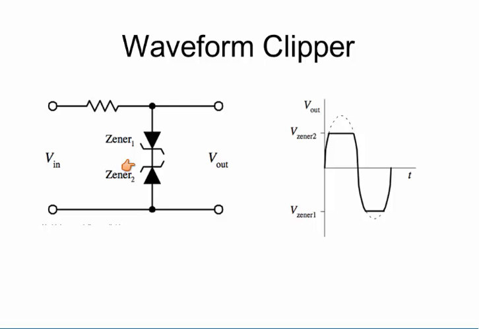In other words, when one is reverse biased, the other one is forward biased. If you have a sinusoidal voltage applied to this circuit, in the positive half cycle Zener 1 will be forward biased and Zener 2 will be reverse biased, so Zener 2 will be blocking the voltage or clipping it.